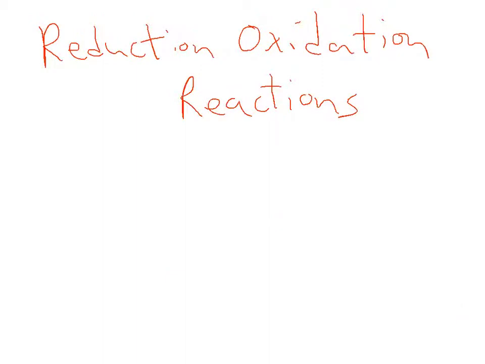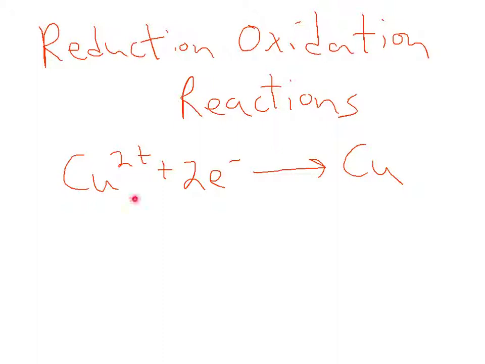To take this idea of reduction one step further, reduction, as we stated earlier, is a process that involves adding electrons to an ion to get the metal, the neutral atom, in this case, neutral copper. So we're starting out with Cu2+, and we're adding 2 electrons to get copper. In this case, our ion has been reduced, the charge has been reduced because we've added 2 electrons to Cu2+, and the result is a neutral atom.